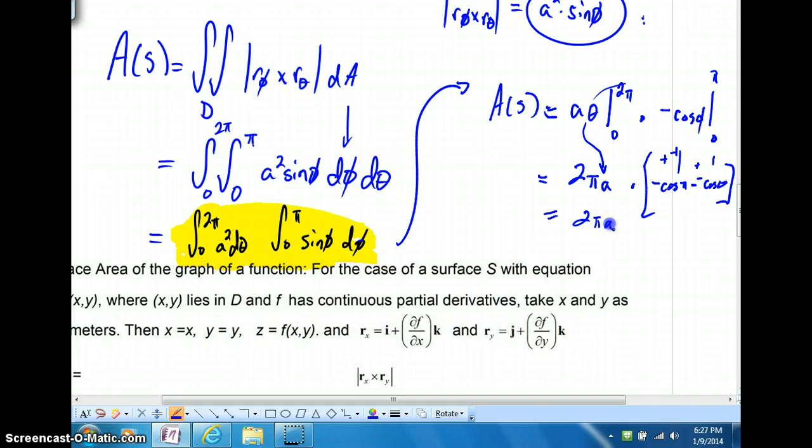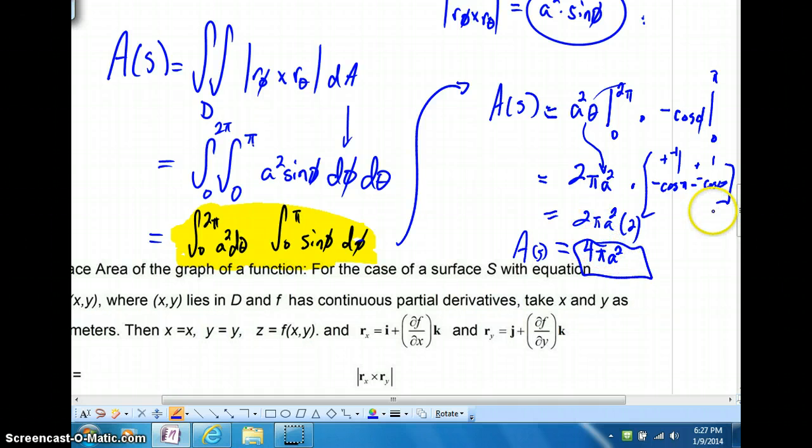Multiplying that by 2, what do we get? 4 pi. And forgive me, I actually forgot the square there: a squared. I made a couple of copy mistakes there. So as we finish this up, you'd see that your surface area is 4 pi a squared.